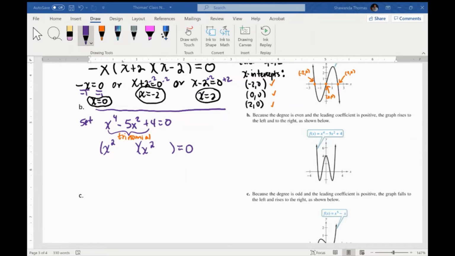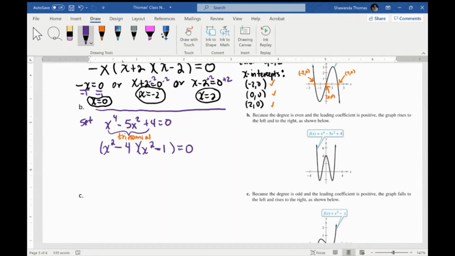It's going to be negative 4 and negative 1. Negative 1 times negative 4 is a positive 4, right? And negative 1 plus negative 4 will give you the middle negative number. Negative 4, negative 1.